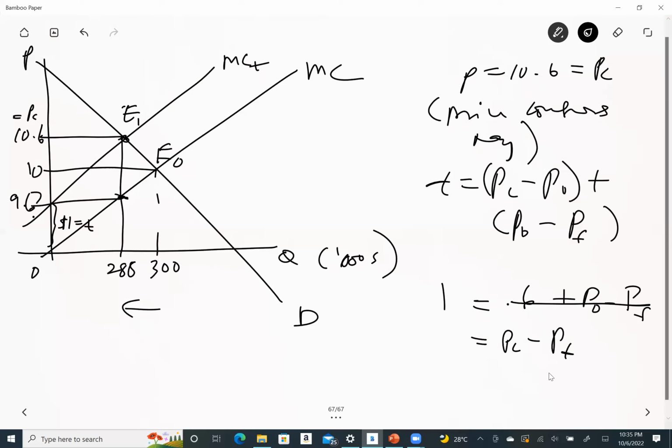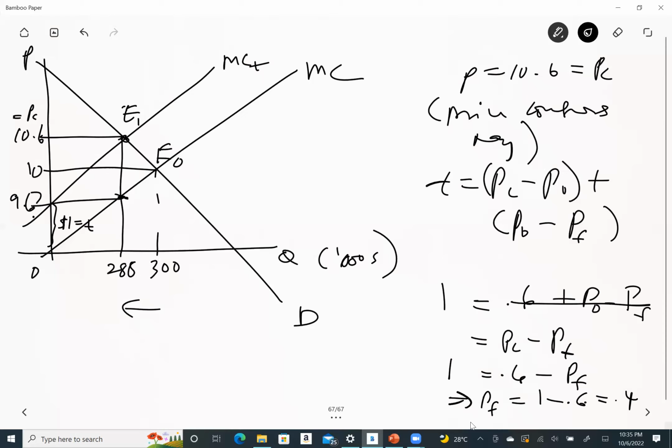You can take out the P0, and that PC is 0.6, equal to minus PF. So from here, what is PF? PF is 1 minus 0.6, so that is 0.4. So the tax share is 0.4 to the firm.